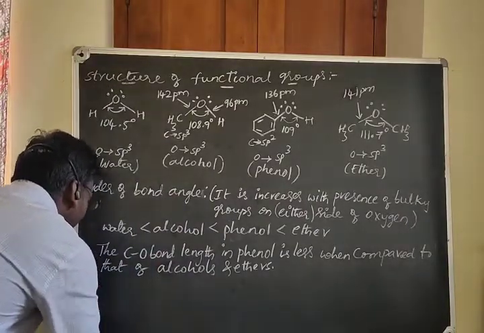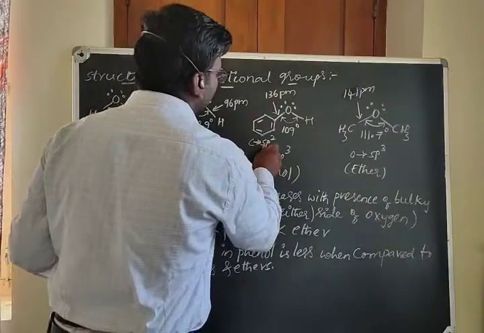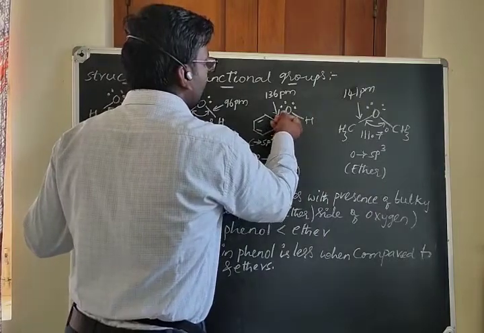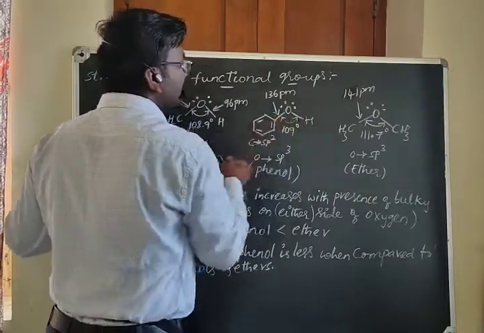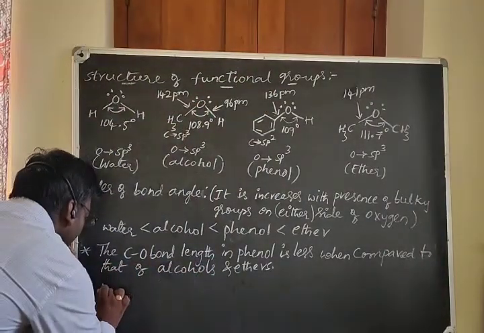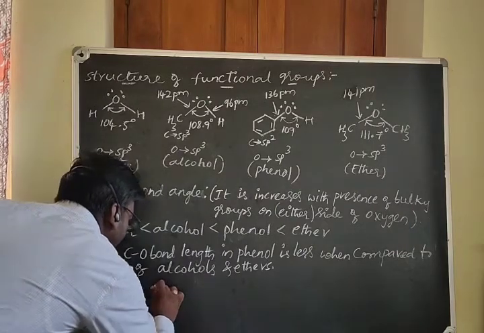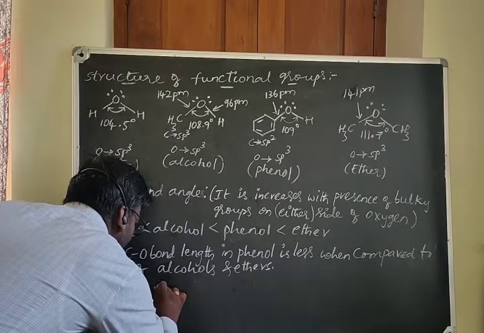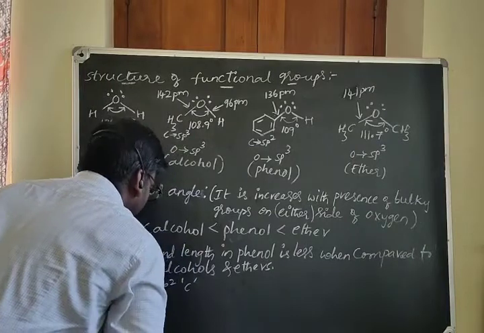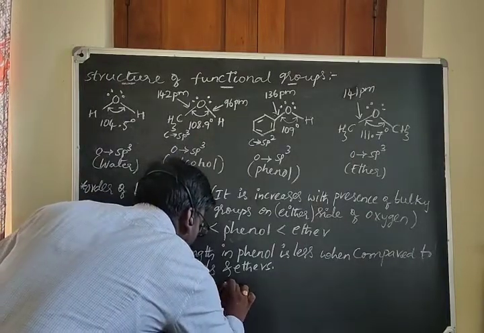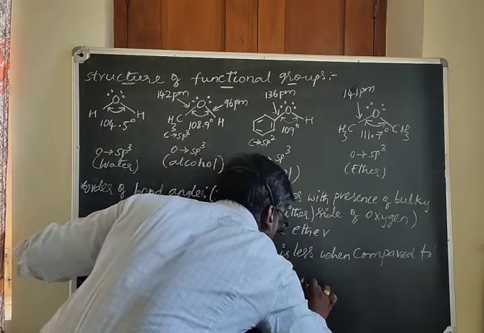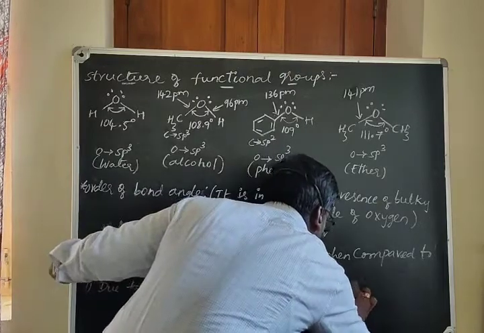The first reason is that sp2 hybridized carbon is electronegative. It will try to pull the bonding electrons towards itself and it will drag the oxygen atom nearby. So it is due to the sp2 carbon of benzene bonded to oxygen.